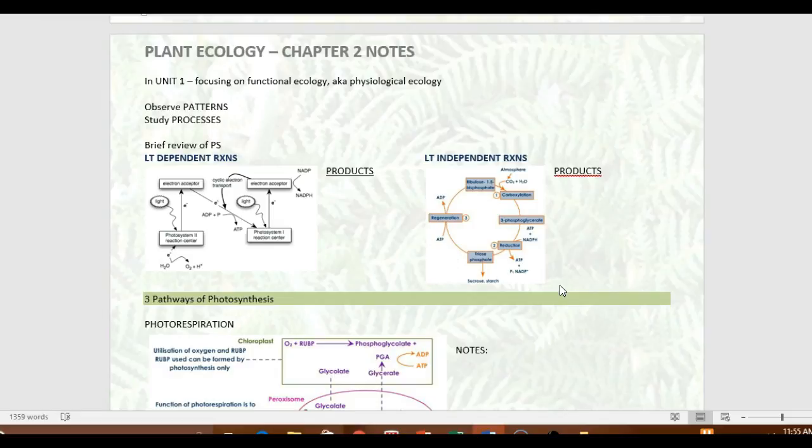Does it make more chlorophyll? Does it turn on or off enzymes? Does it grow? Does it reproduce? Does it not reproduce? What is it doing physiologically? Does it kick up its photosynthetic rate or slow it down? That kind of thing. So, just a very brief review of photosynthesis.